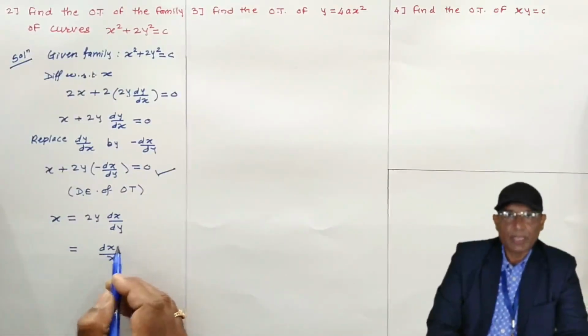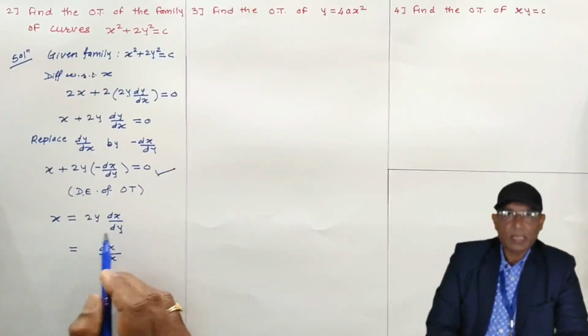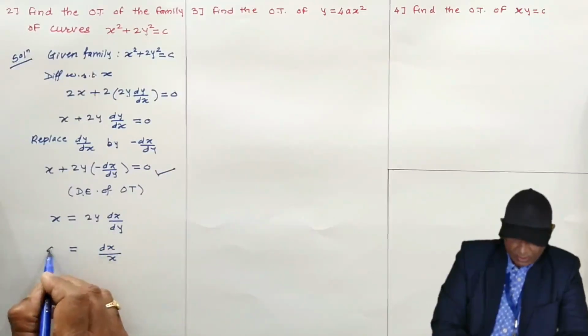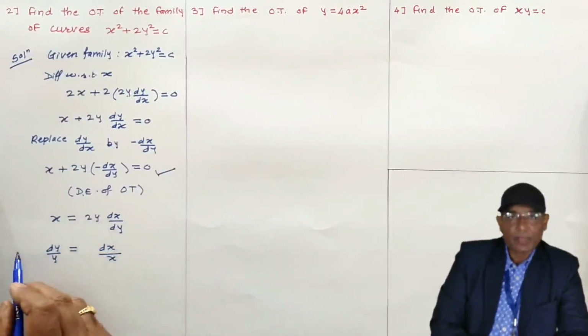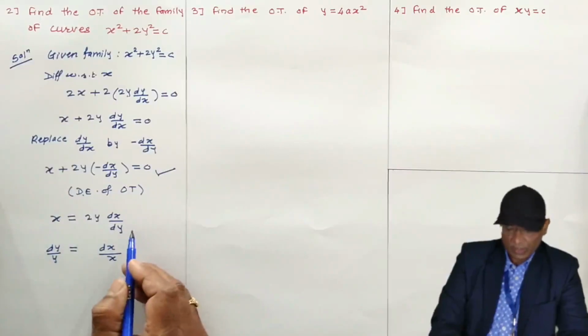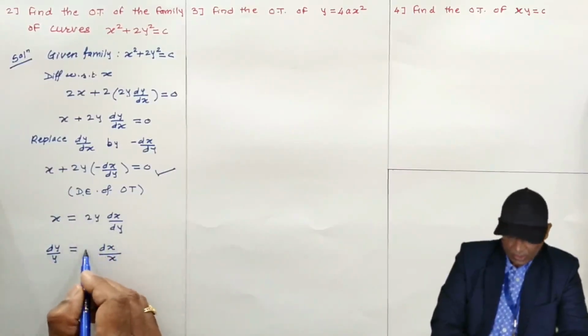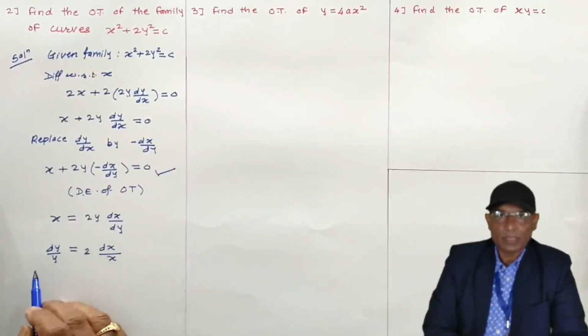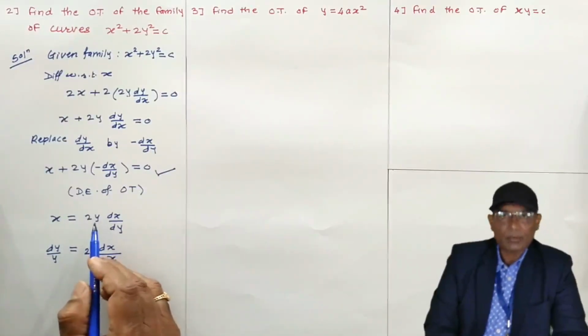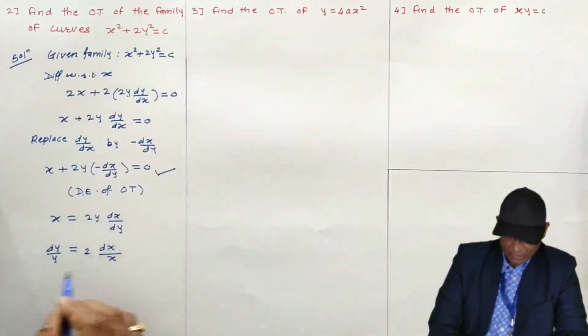When you separate variables, it is very clear that dx and dy must be kept in the numerator. Dy by y. So y I have shifted to the left hand side, x to the right hand side, and the multiplicative constant you keep as it is. You can even shift the multiplicative constant to the left hand side also, but if a multiplicative constant is there, keep it on the right hand side.